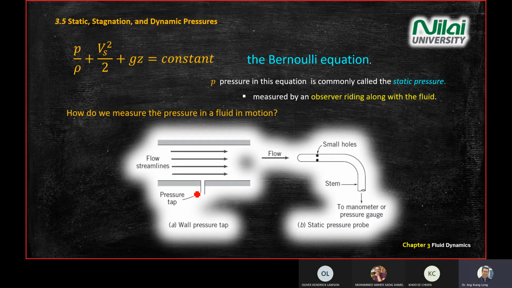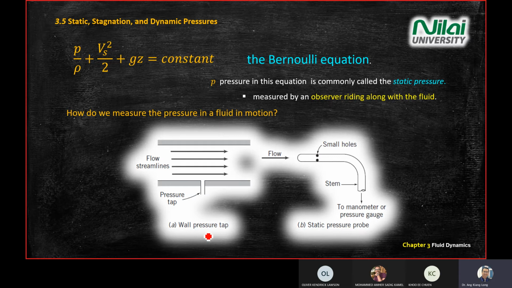Another method to measure static pressure is using this apparatus, the static pressure probe. You see that the flow is from the left-hand side and parallel to the small hole here.